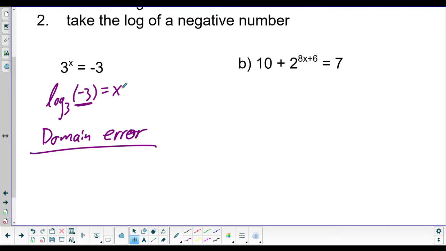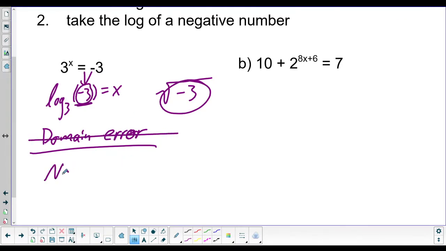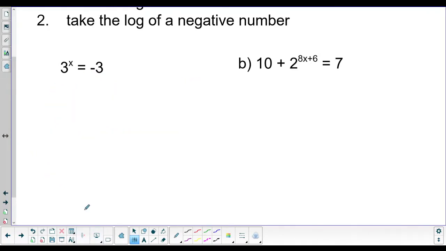Logarithms don't let you insert a negative number. It's kind of like a square root, right? Square roots don't let you insert negative numbers inside of them either. Same thing with logs. So as soon as you get to the point of taking a log of a negative number, you can stop the problem and say no real solution. Maybe there are imaginary solutions, but I don't really think so.